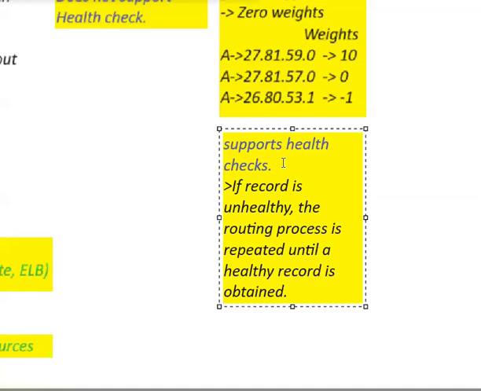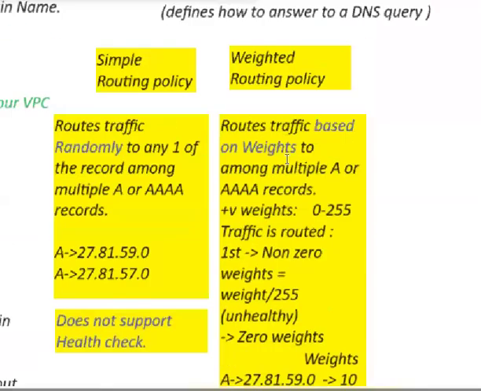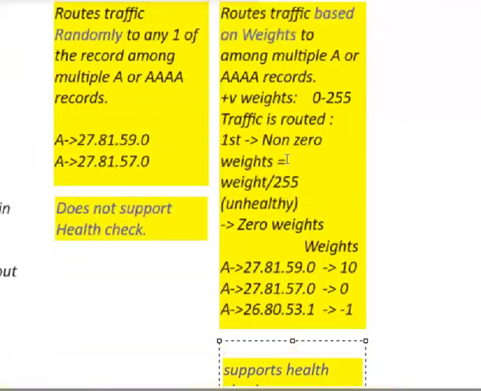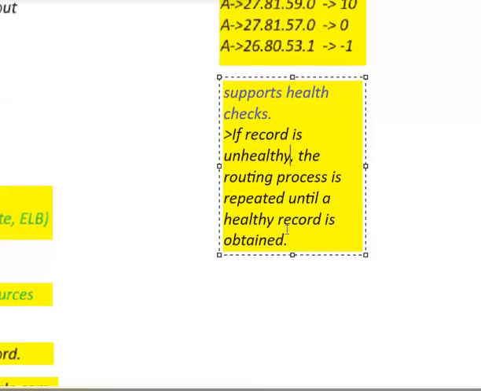So this is one more important point that you need to consider while choosing a routing policy. Whenever your record is unhealthy, if you choose a routing policy which supports health checks, then your request will be routed to other records until a record is healthy.